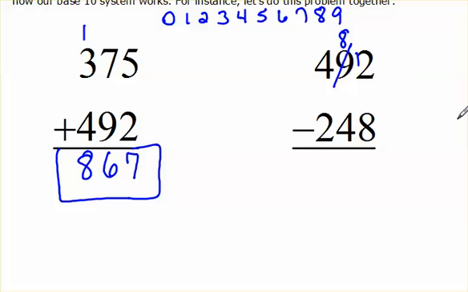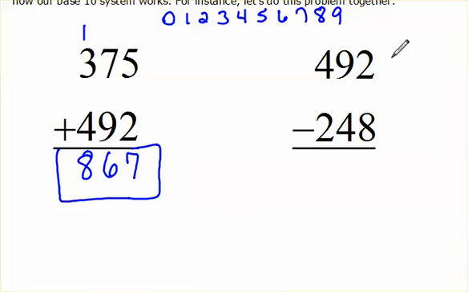Well, that's great and fine, but the problem comes when you have them do something like 2 1/5 minus 1 2/5, because at this point you can't just cancel it out and put a 1 there. That's not valid. So we can't teach it that way. Otherwise they won't understand what's really going on.